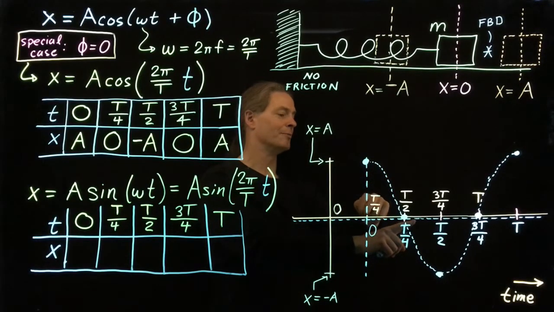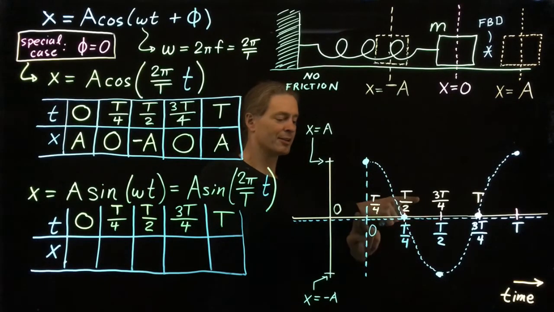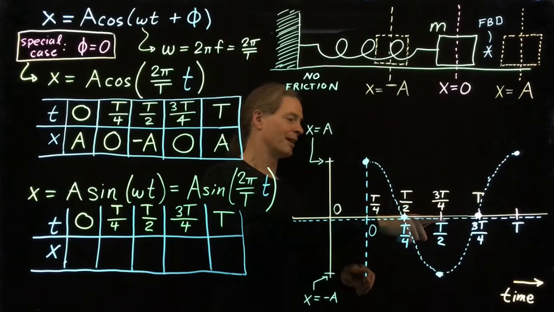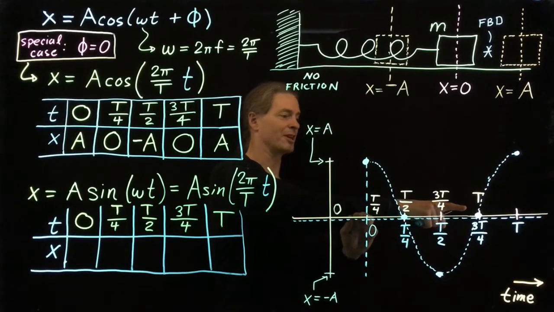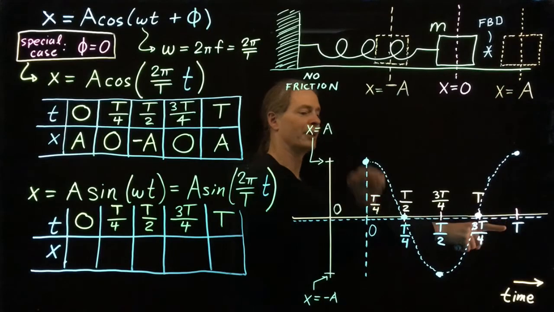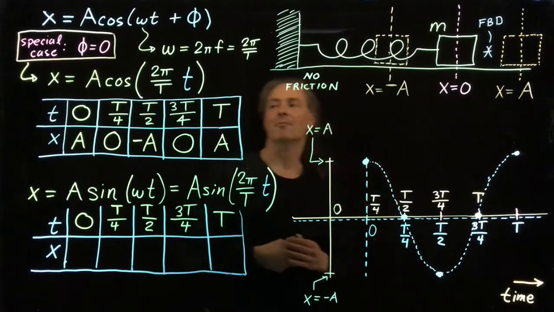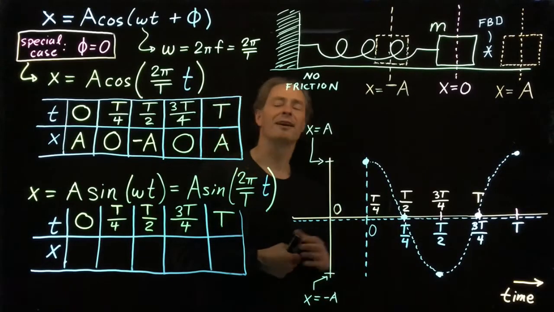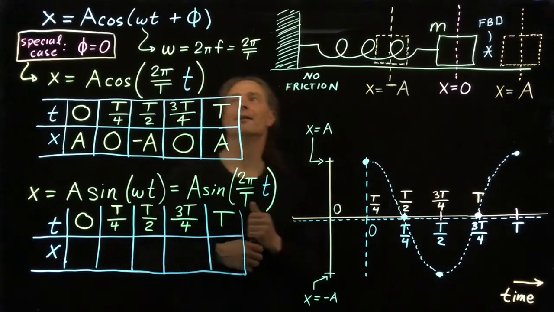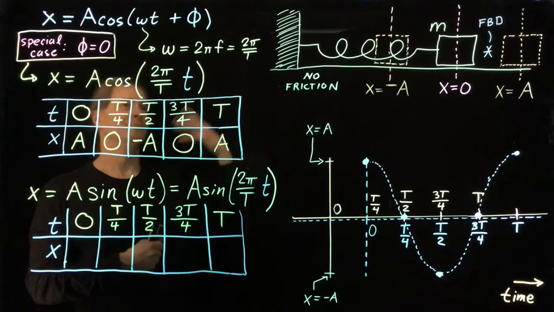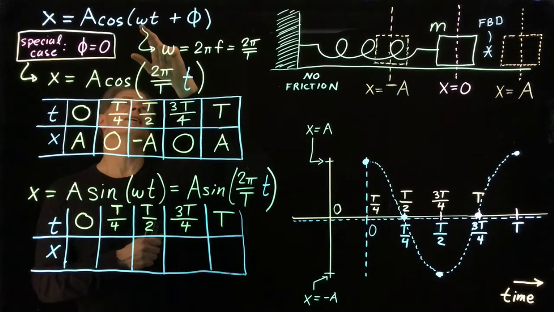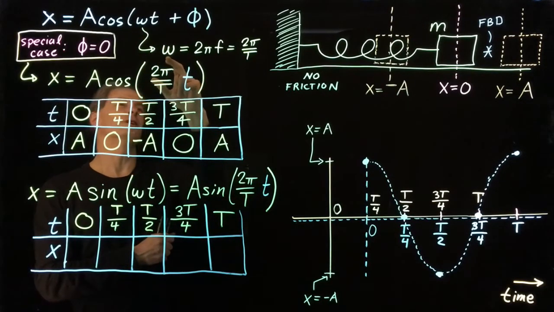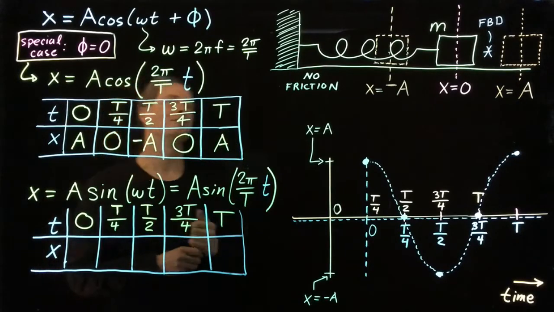At half a period, the mass is all the way down here. At 3/4 of a period, the mass is back up to x equals 0. And then at 1 full period, it's back to where it started. The mass has, in fact, gone through one full cycle of motion in one period. So this provisional assumption that omega is the angular frequency is in fact correct.